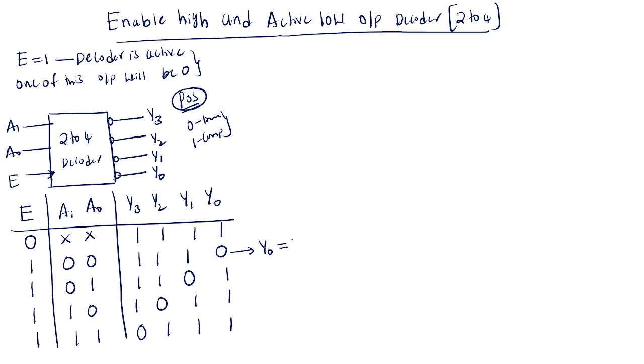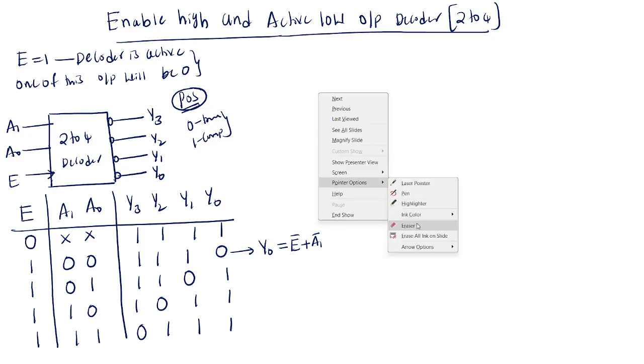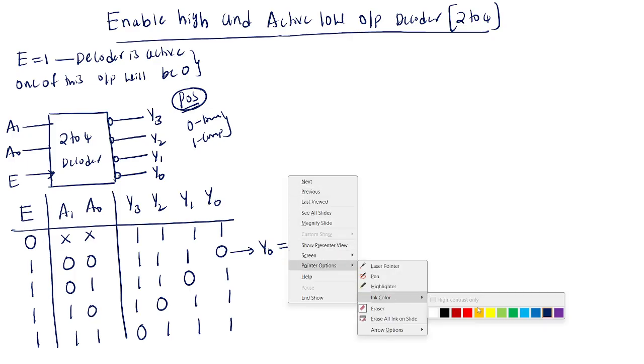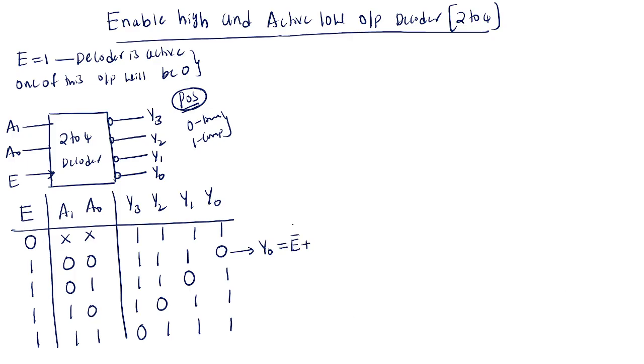So Y0 equals (E bar plus A1 plus A0). If you apply De Morgan's law, this can be written as (E A1 bar A0 bar) whole bar.